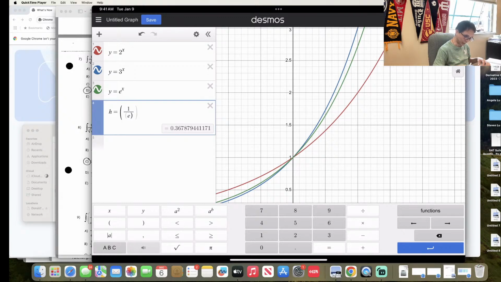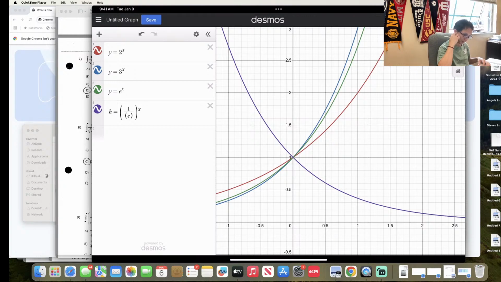It's like 1/2 to the x. It's just going the other way, right? It's going to be the opposite of this. Not a problem. That's e to the negative x, by the way. If you're wondering what the e to the negative x graph is, it's going to go the other way.